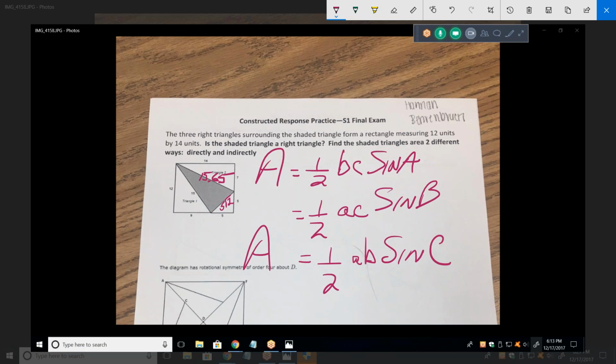There's actually two ways to do it directly and one way to do it indirectly. We've done the indirect way. And if we used Hero's formula, we could do it with no additional information. But if we want to use one of these three formulas, then we need those angles again.